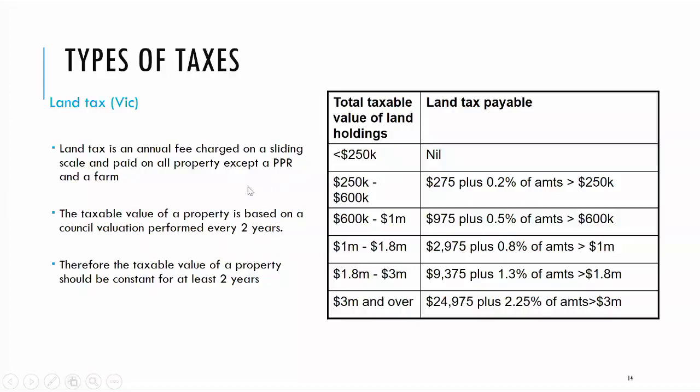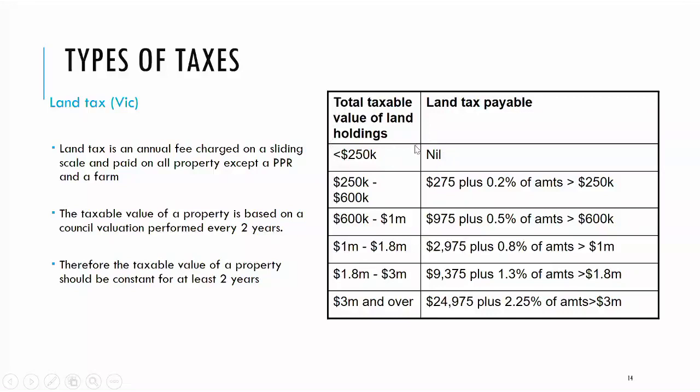So you have to pay land tax for the 3, and if you are living in a separate house, you don't have to pay land tax for your living place. Any other investment properties you have, where the land value is more than 250,000, you pay.